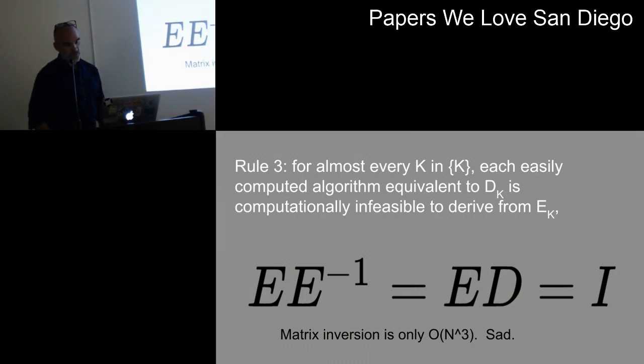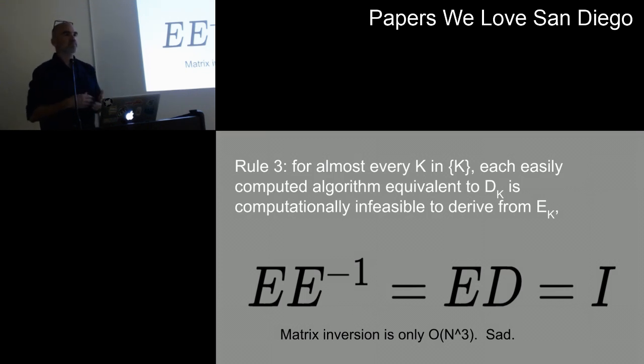So back to rule 3, and this is the crux of public key cryptography: it should be pretty hard if you've only got the decrypting transformation or the encrypting transformation to get the other one.